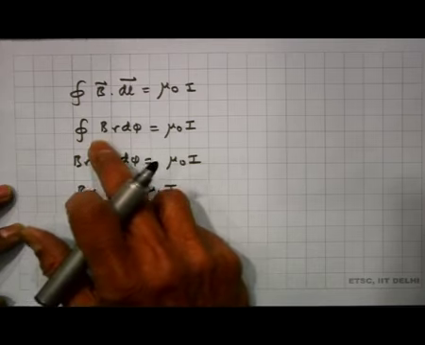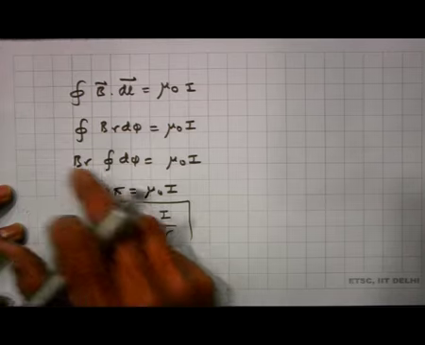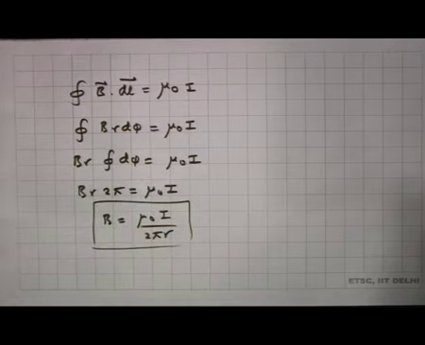I could not have done this if B was a function of phi. So, I am able to take B out of the integral and immediately integrate and get the magnetic field. That is a very interesting example, which tells me that the magnetic field of an infinitely long current carrying conductor is B equal to mu naught I by 2 pi r, which we had obtained before by using Biot-Savart law.